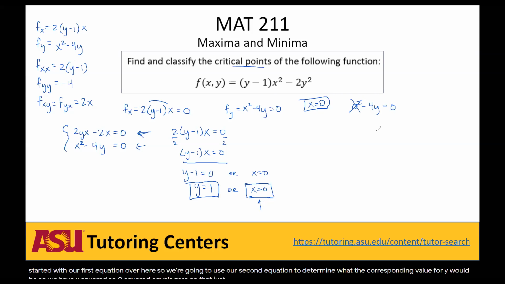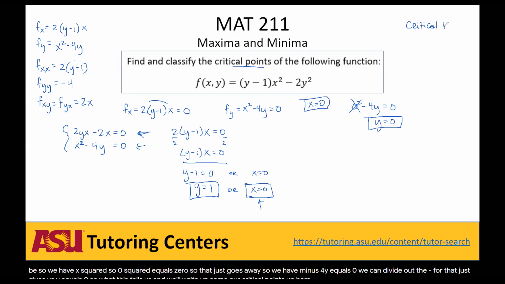That just goes away. So we have minus 4y equals 0. We can divide out the minus 4. That just gives us y equals 0. What this tells us, and we'll write up our critical points up here, is that the point 0, 0 is a critical point.